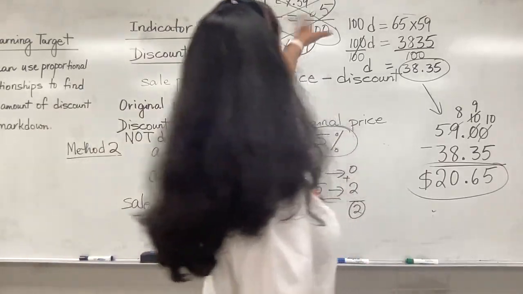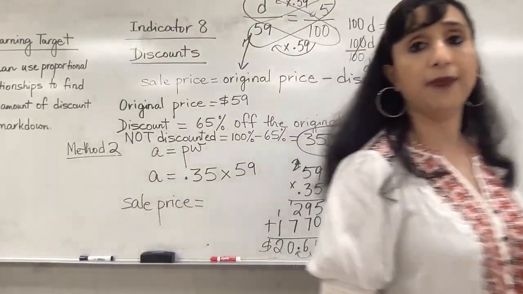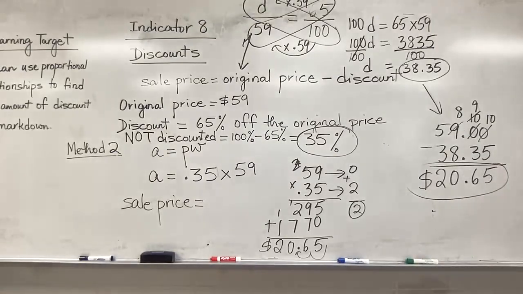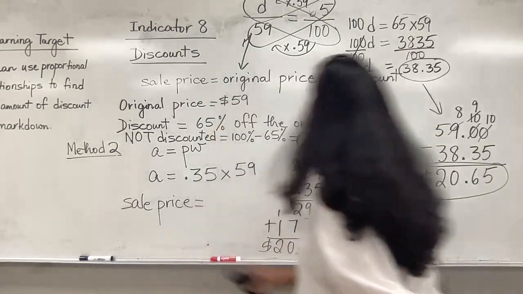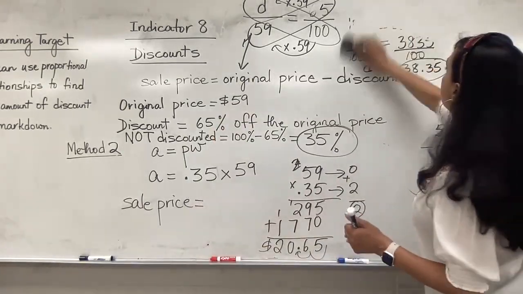And again, I can write it like this also, the proportion method, if I choose to, and I will still end up with exactly the same answer. So I could have done it here.